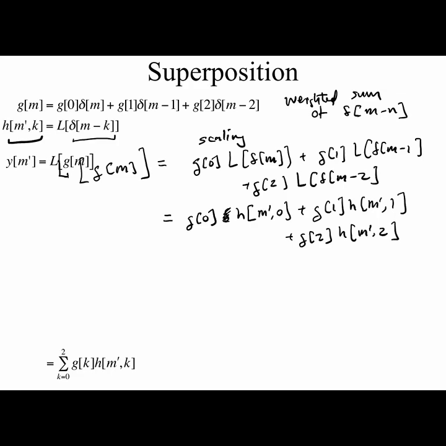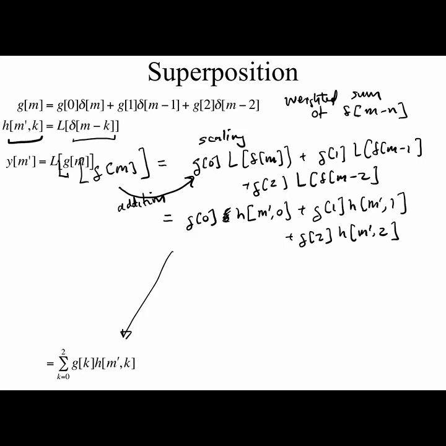So basically we can write this in summation form. All we're saying with superposition is, if this is a linear system, then going from here to here was actually using addition. Sorry, screwed that up. And then going from here to here, I use both addition and scaling at the same time, unfortunately.